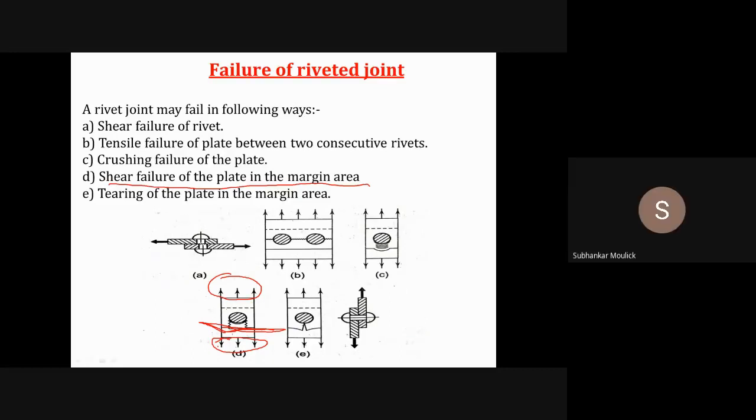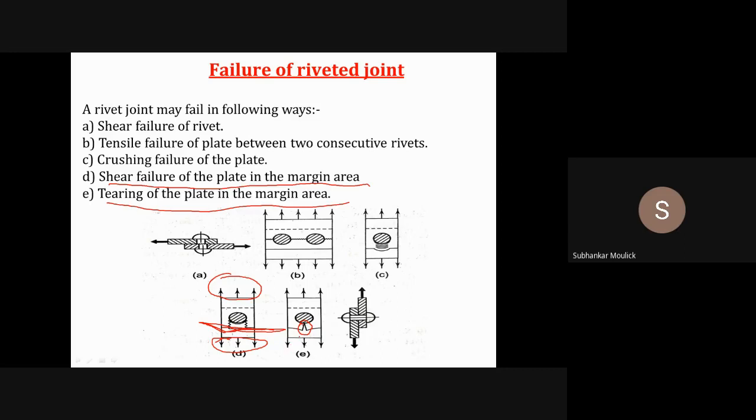Yes, sir. Clear. So this is the shear failure of the plate in the marginal area. And the last type of failure is the tearing of the plate in the margin area. That means due to the presence of stress concentration in the plate, it gets torn along the marginal area.